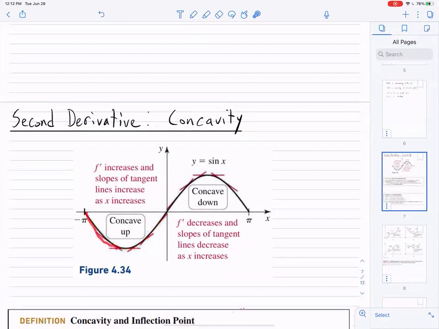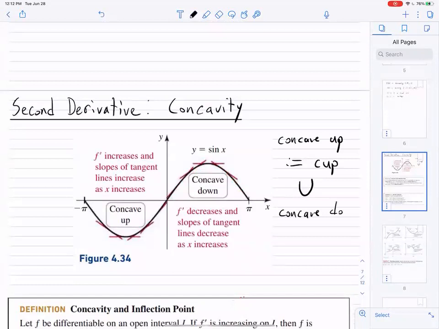This is called concave up. Then here the slopes are positive and start getting smaller and smaller, go to 0 and become negative. This is called concave down. Concave up is a cup, concave down is a frown.